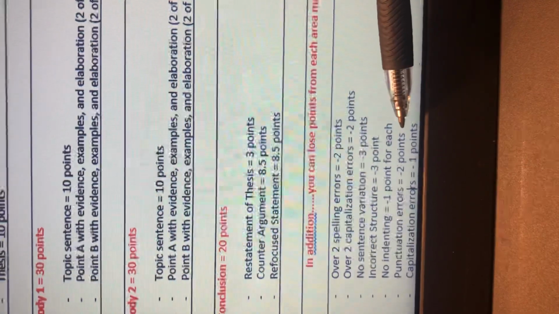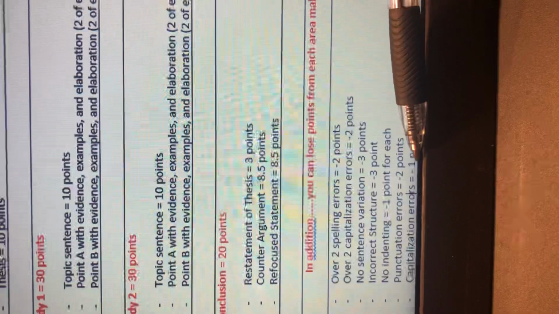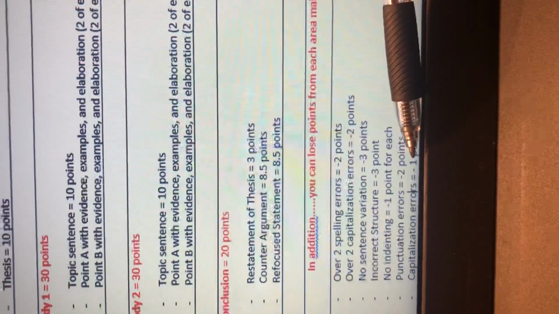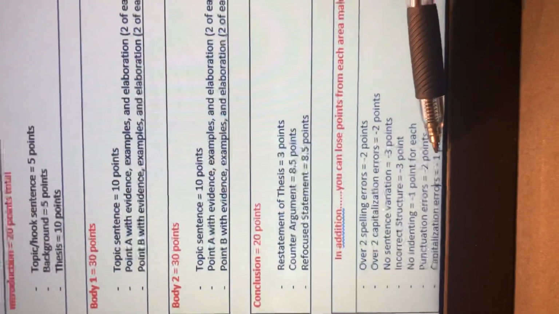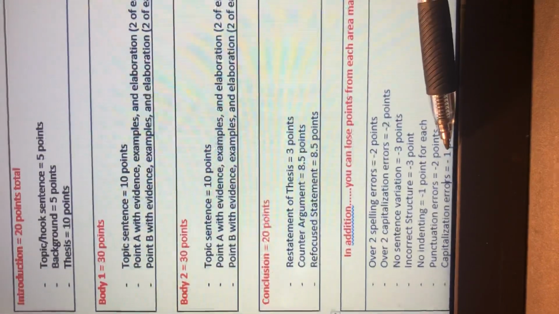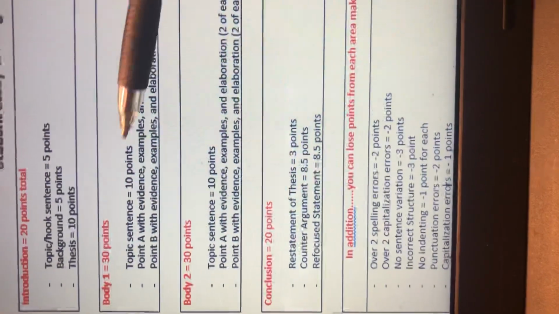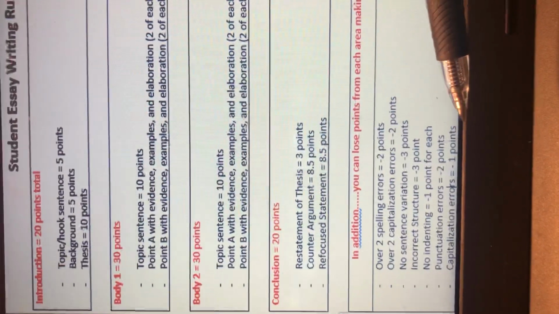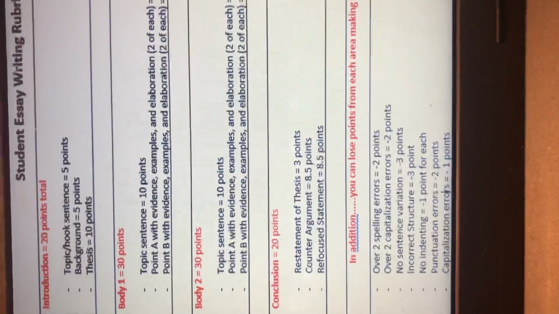And also, again, I restated capitalization errors. Sometimes when you're typing, you may have one letter that's capitalized and it shouldn't be. So just look over those things and make sure that you thoroughly review each section of your essay. The big thing today is to just follow instructions, and you're really being critical and looking over everything yourself.